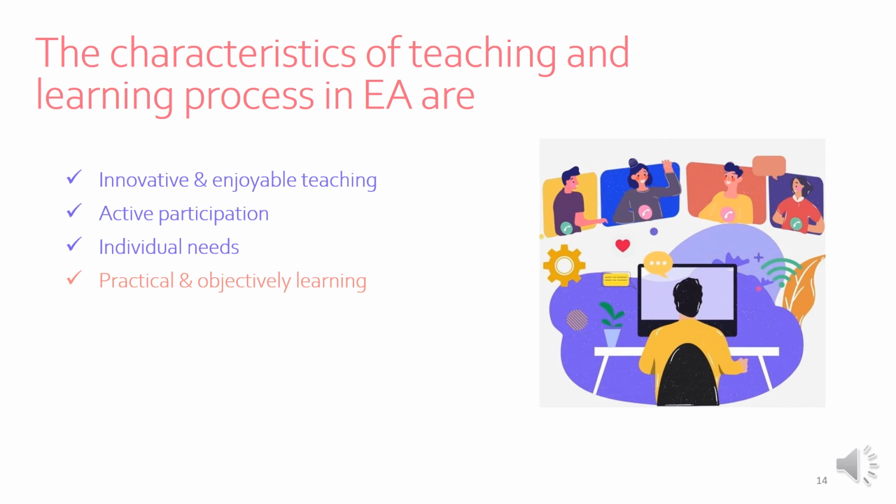Practical and objective learning. That means I practice what I aim to learn. For example, if I aim to learn speaking, I have to practice speaking. Retained knowledge. It means I gain new knowledge every day.